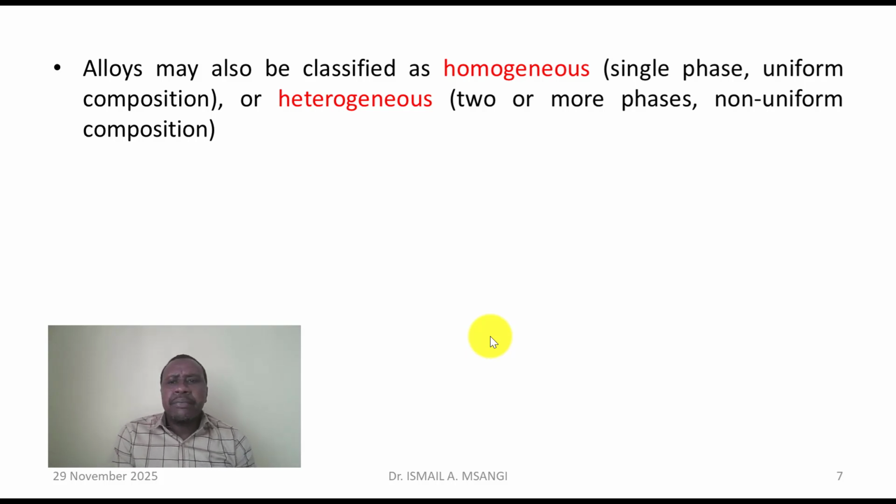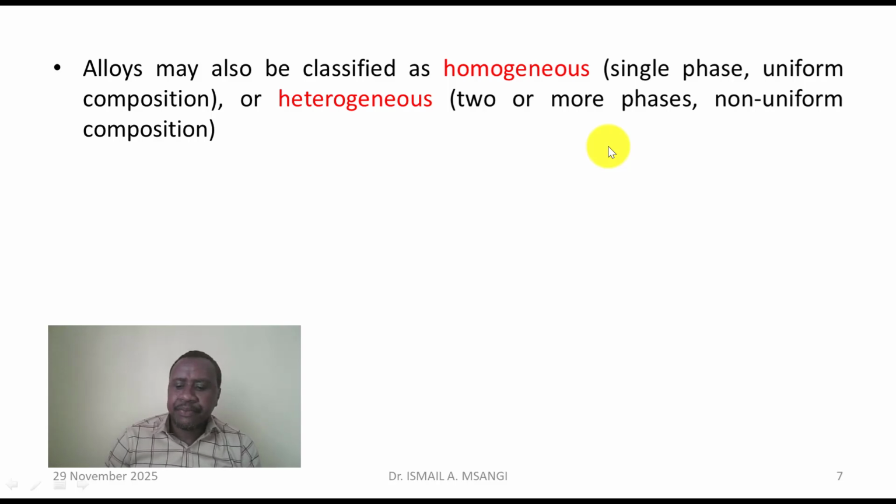Apart from atom arrangement, alloys may also be classified depending on phases, where we have alloys having a single phase and alloys having more than one phase. And the phases in reference to this kind of classification refers to uniformity in components distribution.